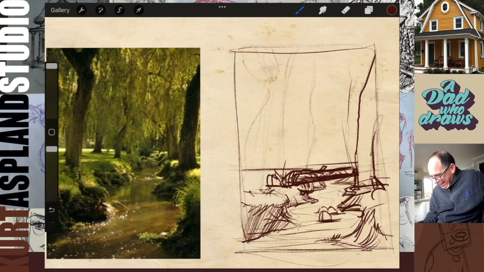That's okay. Let's see what I can do here to maybe save this. This guy's going to have a little bit of shadow underneath. Try not to take ourselves too seriously, right?